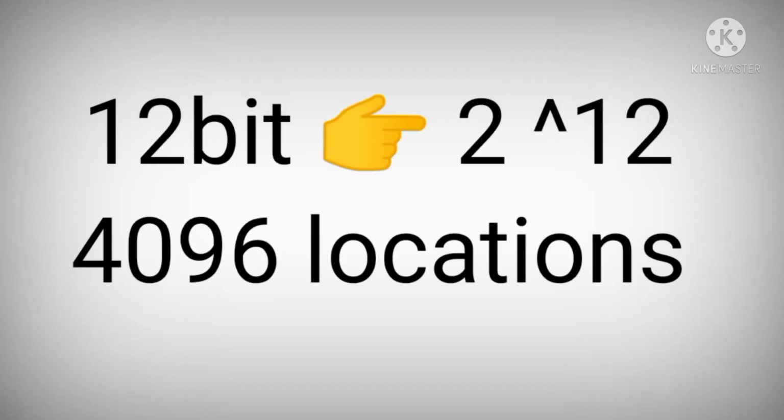In the same way, if we are using 12 bits, we can make 4096 locations. How is it possible? By using 1 bit, 2 raised to 1, that means 2 locations are possible. By using 2 bits, 2 raised to 2, that is 4 locations. By using 3 bits, 2 raised to 3, that means 8 locations. By using 12 bits, that is 2 raised to 12, equal to 4096 locations. Let's see the registers in detail.